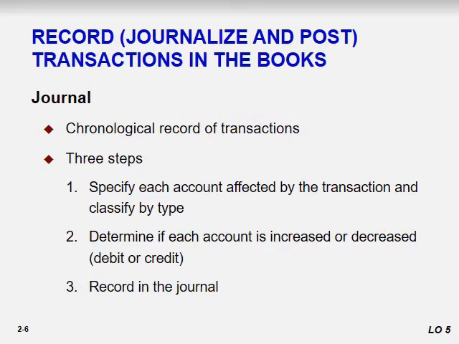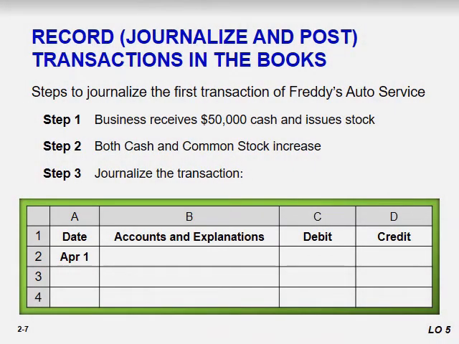We're going to learn that. So we have the previous example, Friday's Auto Service. The transaction is that the business receives 50,000 cash and issues stock. Now think in terms of which accounts they affect.